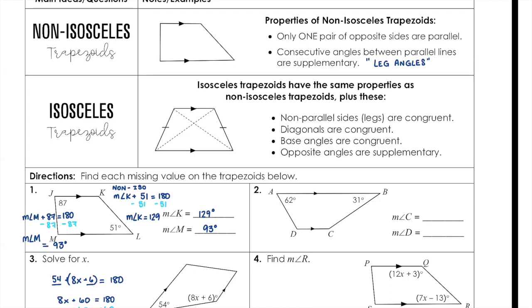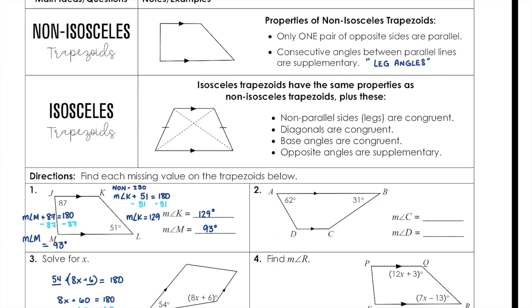So for a non-isosceles trapezoid, we got a couple of rules. Only one pair of opposite sides are parallel. And then our second rule is that consecutive angles between our parallel lines are supplementary. These are our leg angles.